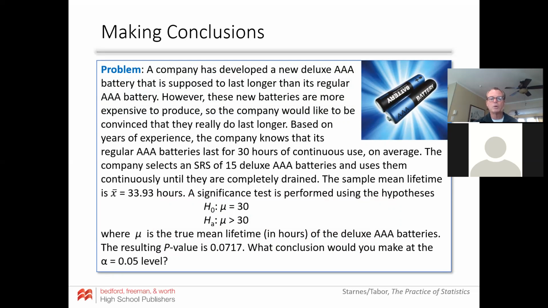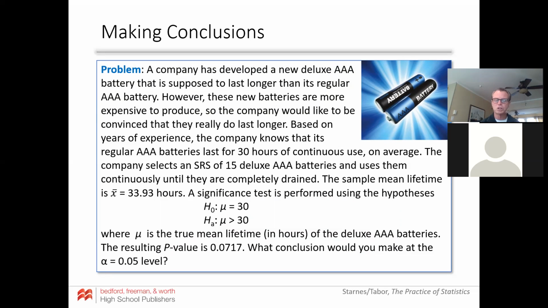We'll give you a minute to read this. Okay, so what's happening here?